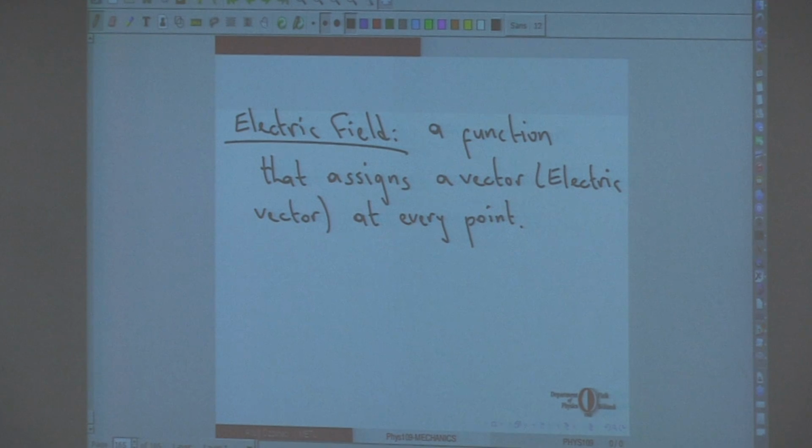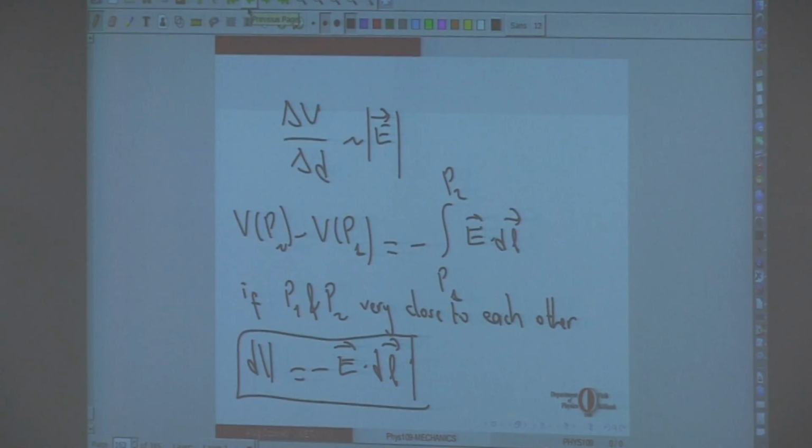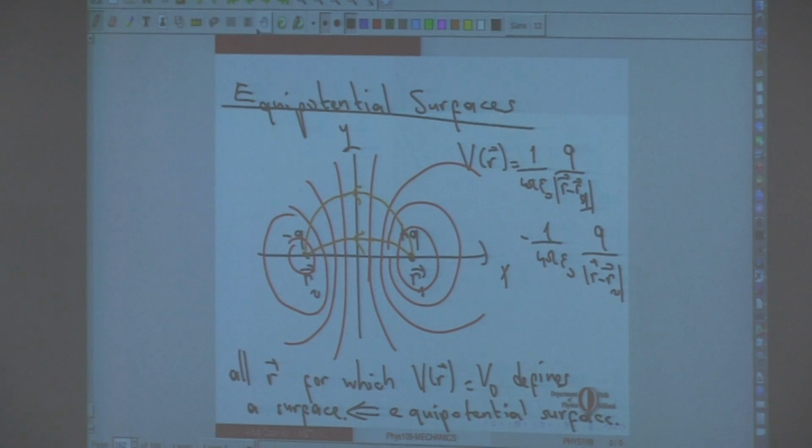So a field, you can think of it as a collection of vectors. It's just a function whose arguments are points in space. So for example, I can just take this point over there, and the electric field defines a vector at that point. In this case, that vector will point somewhere like this. This will be the direction of the vector that the electric field defines at that point. That's just a definition, a terminology.